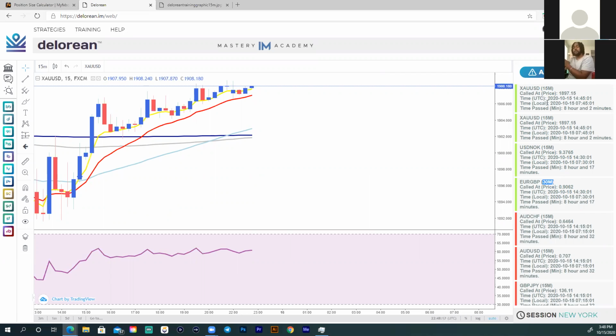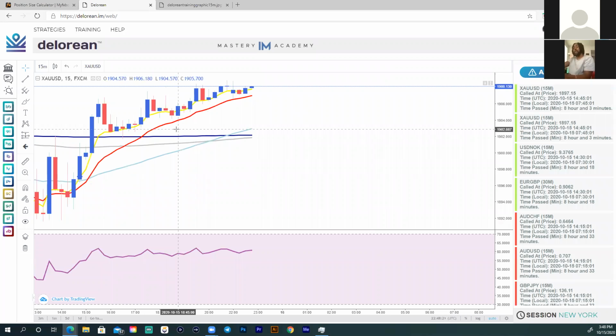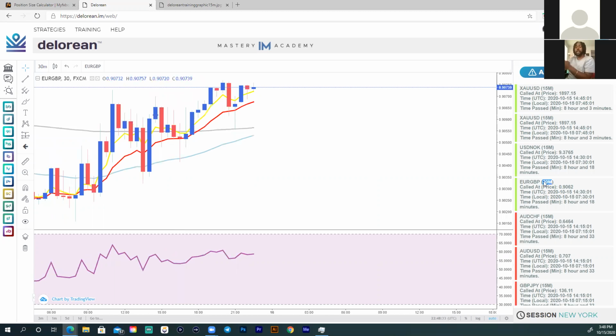If it's called on the 15-minute, that means you're on a 15-minute chart. 3 candles of 15 minutes means you are waiting 45 minutes to see if you're going to still be in profit or not. If you do it on the 30-minute time frame, 3 candles at 30 minutes is an hour and a half. You are waiting 90 minutes to see if you're going to be in profit or not right after this trade is called out.